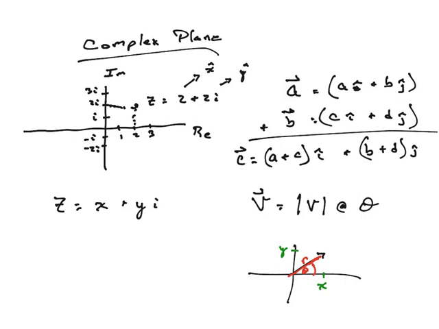So, if that's true of vectors, and what we're trying to do is represent complex numbers like we represent vectors, because we know vector math, so we could just apply it to complex numbers, is this also true? Is there such a thing as a magnitude and direction for a complex number? And indeed there is.